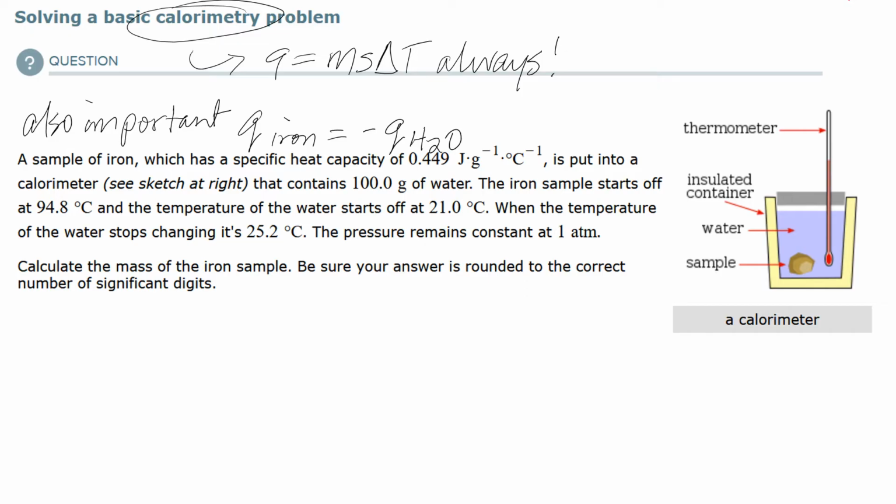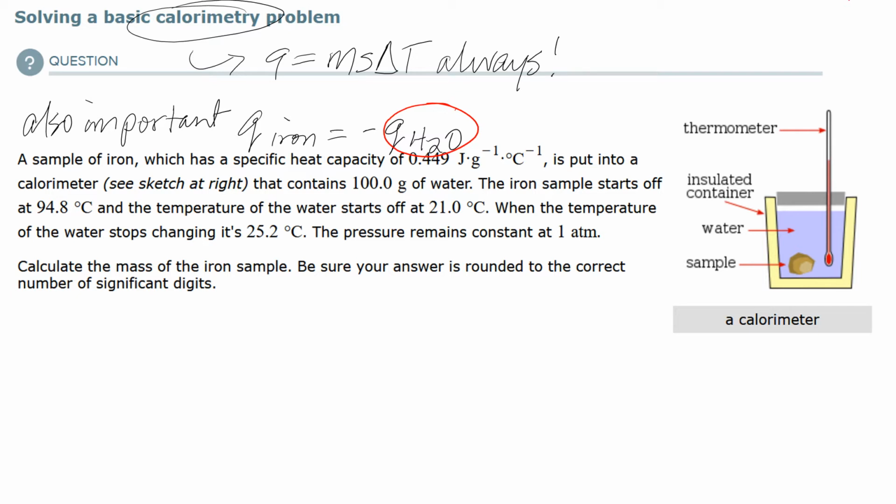That's something in the beginning you might have to look up, but you're going to get to memorize that pretty quickly. So that means having the mass, the specific heat, and the change in temperature, we can, in fact, calculate the Q of H2O. And then we can take the negative of that number and set it equal to the Q of iron.